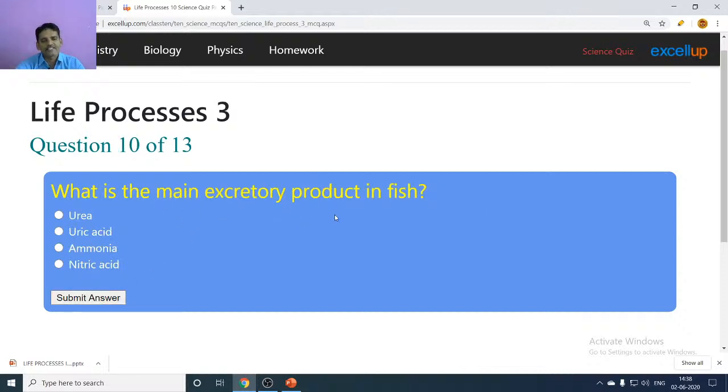What is the main excretory product in fish? Fishes are ammonotelic animals. So, ammonia. What is the main excretory product in birds? Birds are uricotelic animals. Then what do they excrete? Uric acid.